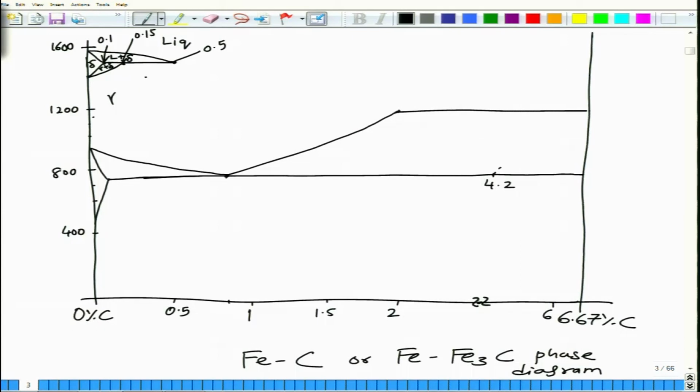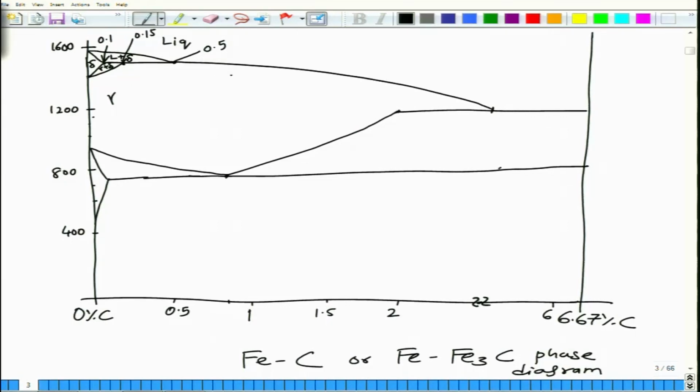All right, and then 4.2 will be here, so I can remove this 4 point. Okay, so I have this as that.